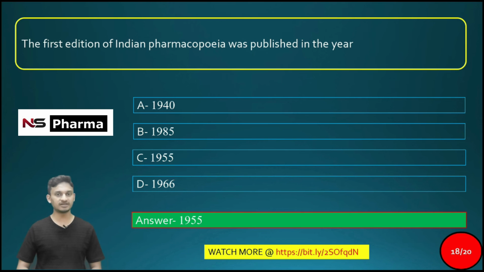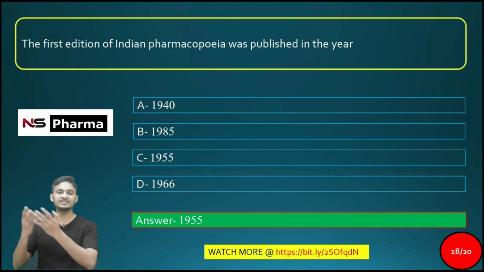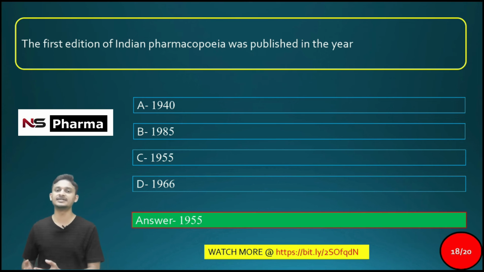We are talking about Indian Pharmacopoeia. The second edition was in 1966 and the third edition in 1985. Okay, 1955, 1966, 1985. That is the third edition. Then 1996, that is the fourth edition.